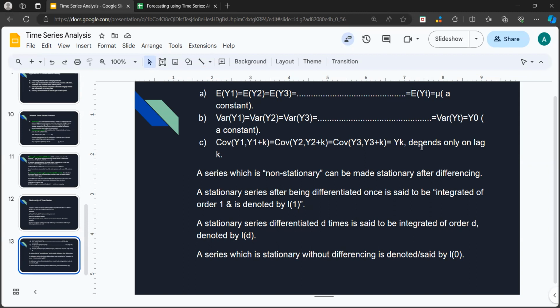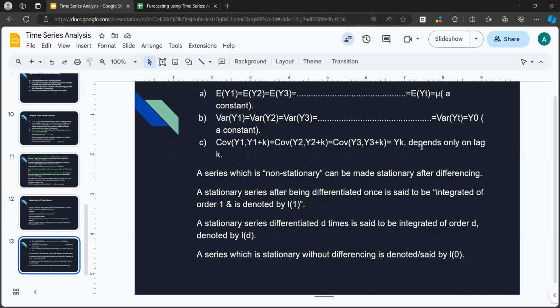For example, if one point is YT and another is YT plus 3, it should depend only on 3. It should be the same for T plus 3.